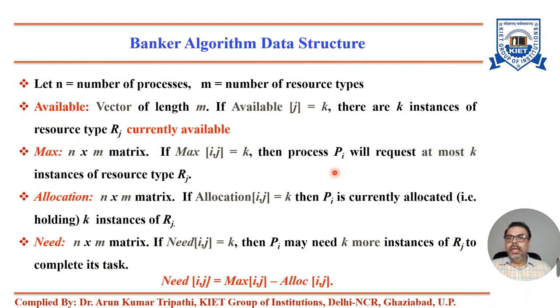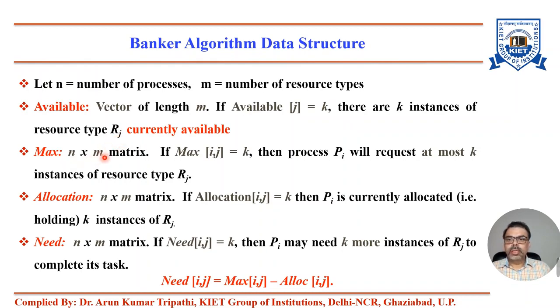So here are the data structures used by the Banker's algorithm. Let n be the number of processes and m be the number of resource types. The first data structure is Available. It is a vector of length m. Available[i] equal to k means k instances of resource type i are available in the system.